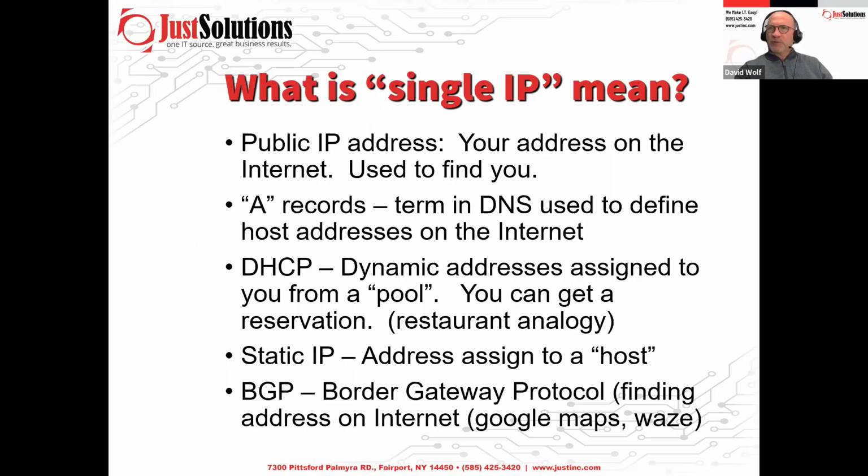So now you don't care if you switch carriers. You can switch carriers. You can add carriers. You can have multiple internet connections, but you're not changing your IP address, your address to the rest of the world. You're getting an address that's a public IP address. It's not yours. You don't own it. No one really technically owns them because they're managed by ARIN.